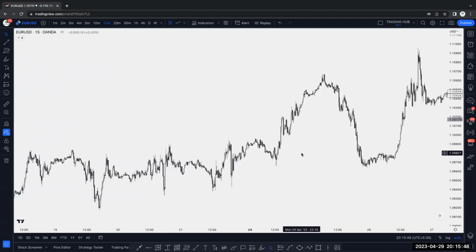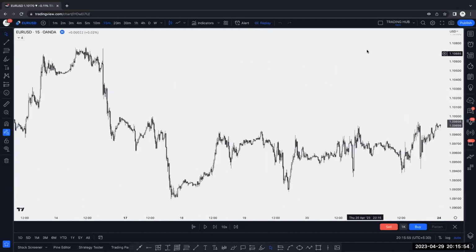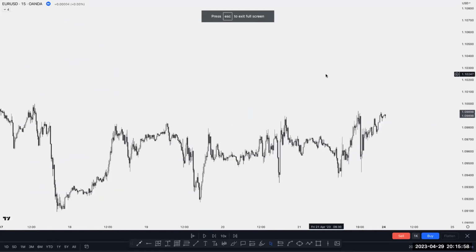This is last week actually. All right. So this is our Euro USD chart in a higher time frame, in a 15-minute time frame, and right now you can see here the market momentum is in a ranging market.